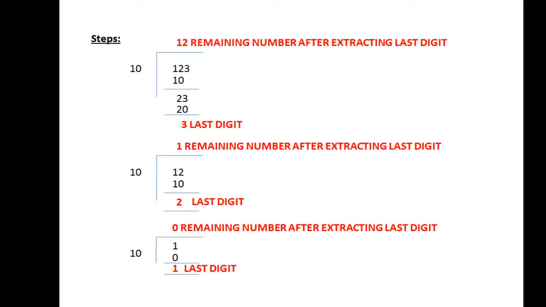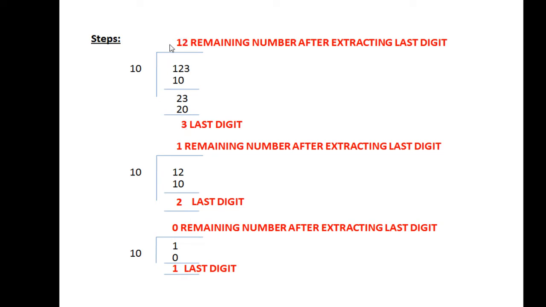So let us take one example, 123. On the screen you can see that we are dividing 123 by 10. So if you see the division part, the quotient is 12 and the last digit has come out as a remainder.